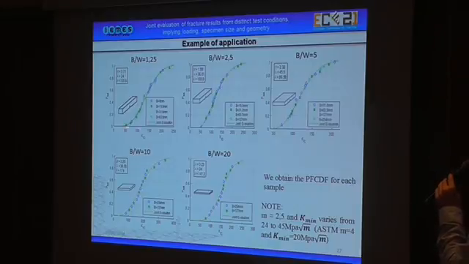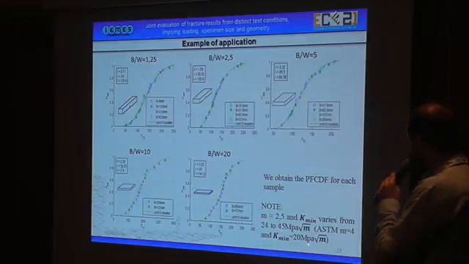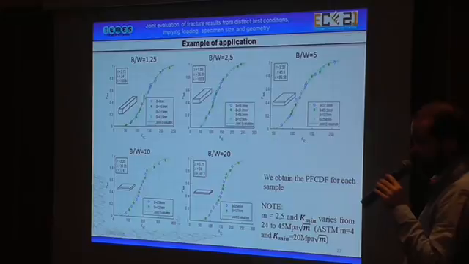Here we can see the primary failure cumulative distribution function for each sample, and it's important to notice that m is more or less equal to 2.5, not 4, as the ASTM standard defines, and K-mean varies from 24 to 45, not always equal to 20 megapascals.